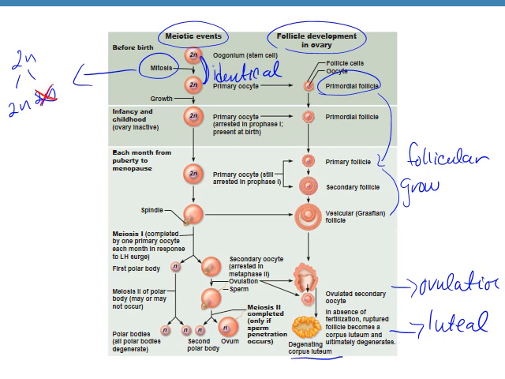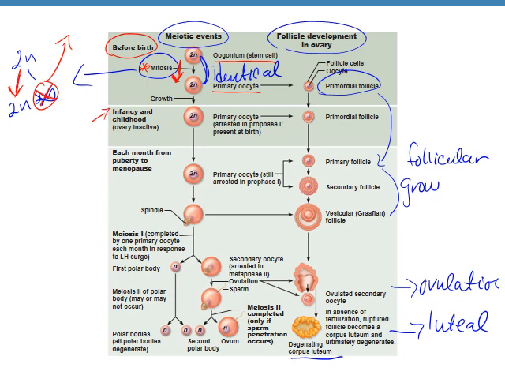They don't show you what happens to this one. All they're showing you is this. They're just focused on the one cell and what happens to it. But you should realize that the oogonium and the primary oocyte are identical, and this happens because of mitosis, and this is before birth. Good.